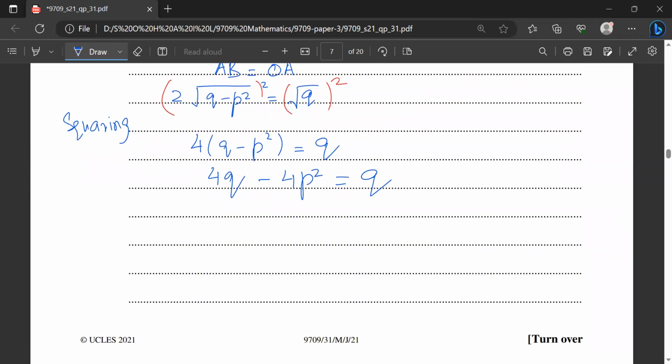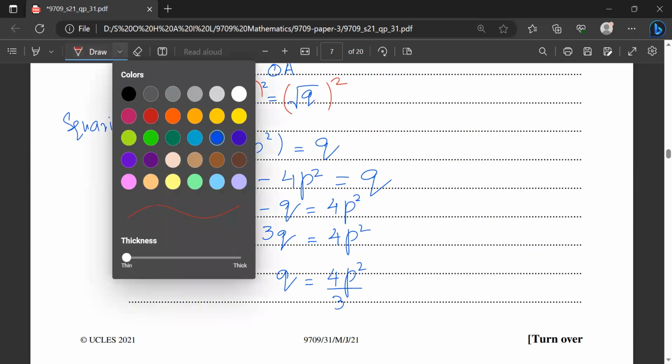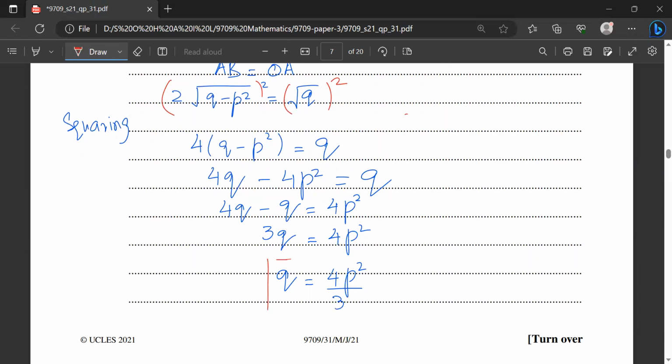I can simplify: 4q minus q is equal to 4p square, so 3q equals 4p square, and finally q in terms of p is 4 over 3 p square. This is the answer. Express q in terms of p.